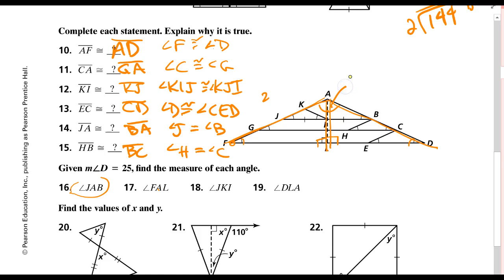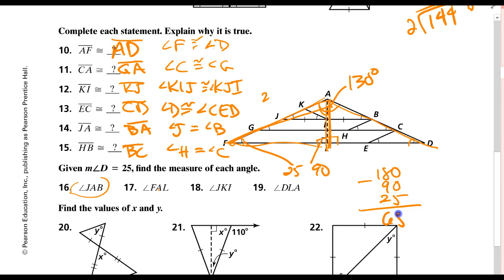And since the whole thing was 130, and now I've got 90 here, I've got 25 here, that means this would be 180 minus the 90 minus the 25, 65, which happens to be exactly half of 130. So this is 65. Oop, I didn't write this up here. 130.